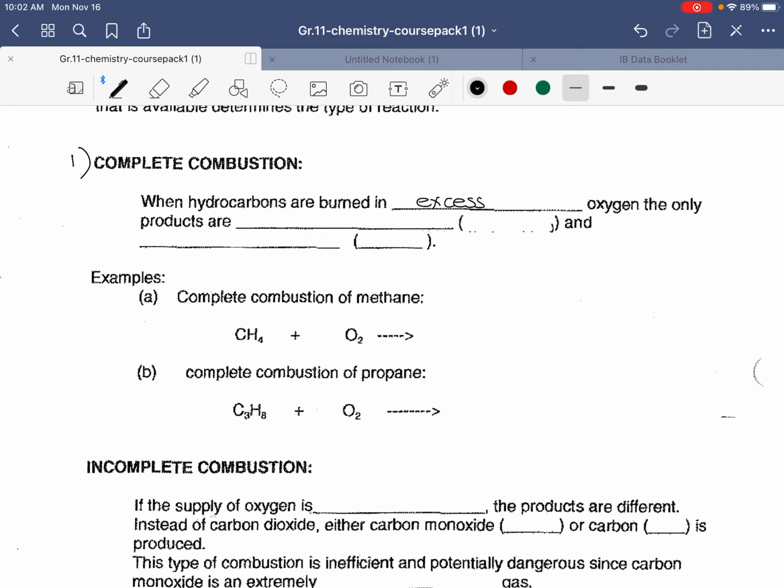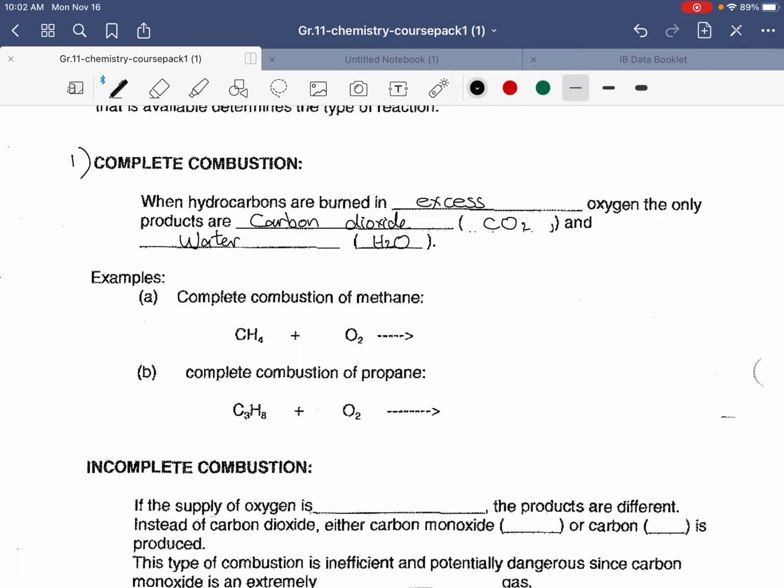Well, what are you going to get if you're burning hydrocarbon in an excess of oxygen? You're going to get exactly what I said you're going to get. You're going to get carbon dioxide, which is CO2, and you're going to get water.